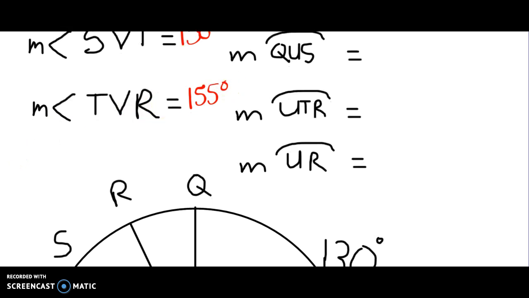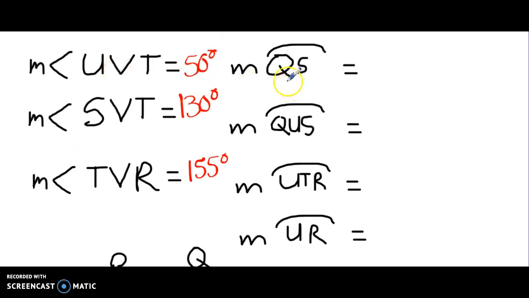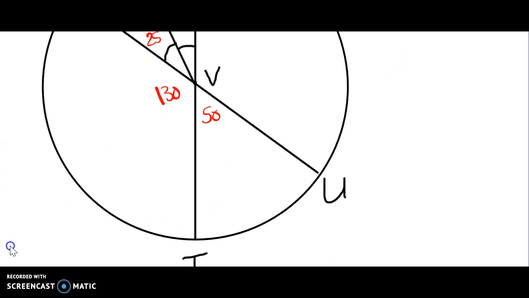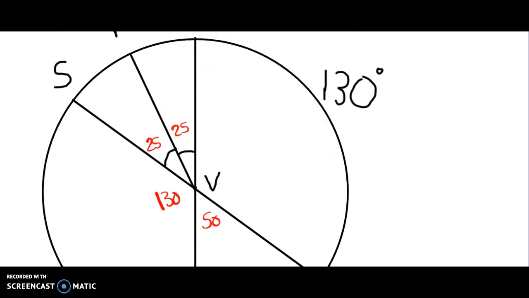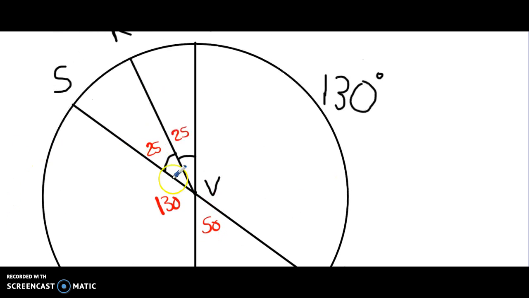If I'm looking at our arc QS, that's going to be 50 degrees. Q to S is 50 degrees. Q to U to S, so I'm going to have to go all the way around. Q to U is 130 plus 50, that's 180, plus 130 again, and that's going to give me 310.